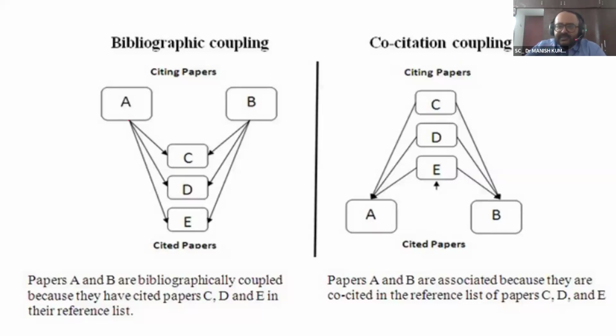In this way, A and B are associated because they are co-cited in the reference lists of papers C, D, and E.